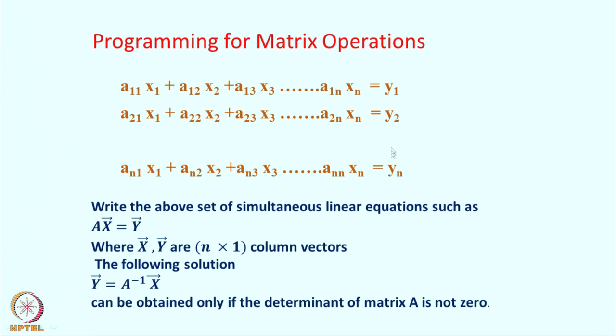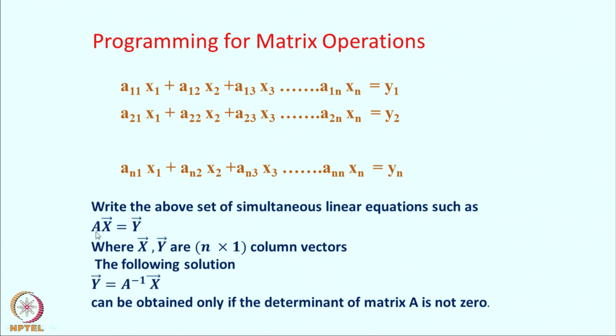My right side y, I write it as a column vector, y1, y2, yn, that is my y. Left side is a column vector x. So, what is this column vector? x1, x2, x3, x4 up to xn, this is my column vector x. Now, A is a matrix which multiplies a column vector x and gets a product y. So, Ax gives me y.